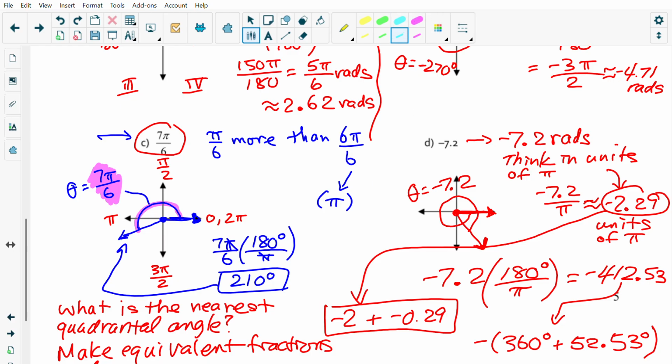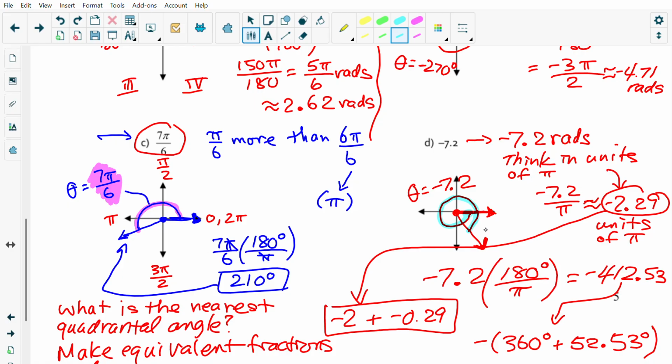So let's take a look here. If I start here, remember I started here. I'm going one unit, so I'm going 360. Let me start that over. Start here. This is 360, and then this visually looks about 50-ish degrees, 52.53, but a little more than 45, right?